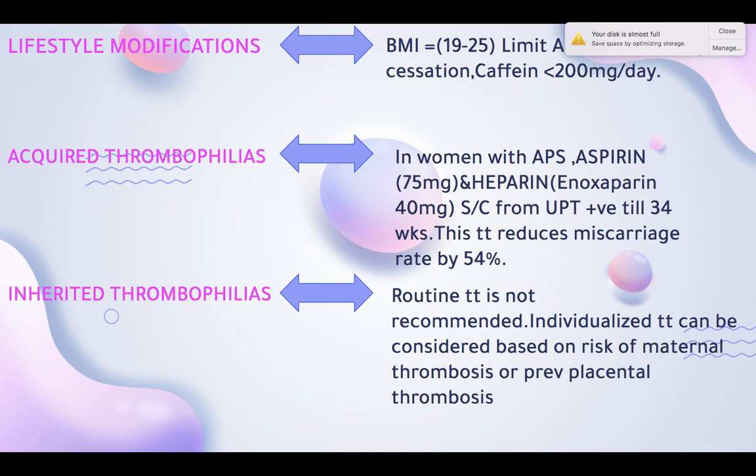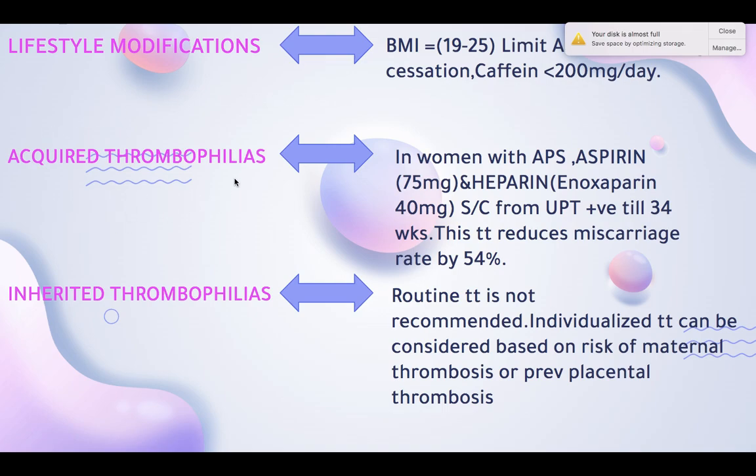BMI should be 19 to 25, with limited intake of alcohol, smoking cessation, and limited caffeine. Caffeine should be less than 200 milligrams per day.